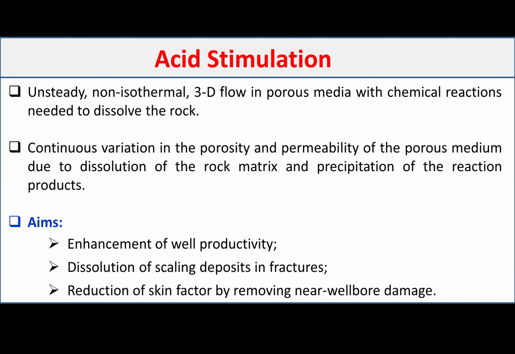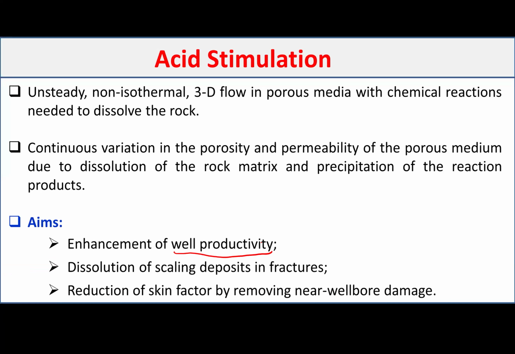In general, when we're talking about acid stimulation, we're talking about three main aims. First, increasing well productivity, improving oil production, and having a higher oil and gas rate at a similar drawdown pressure.